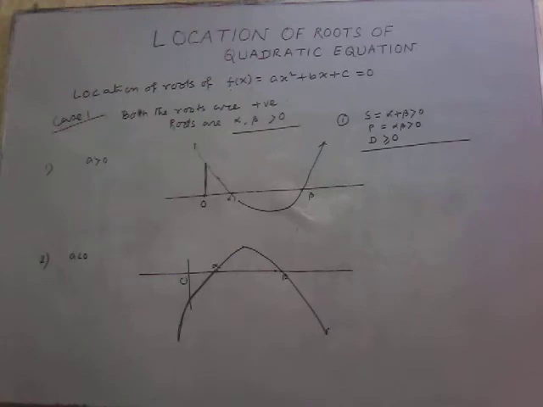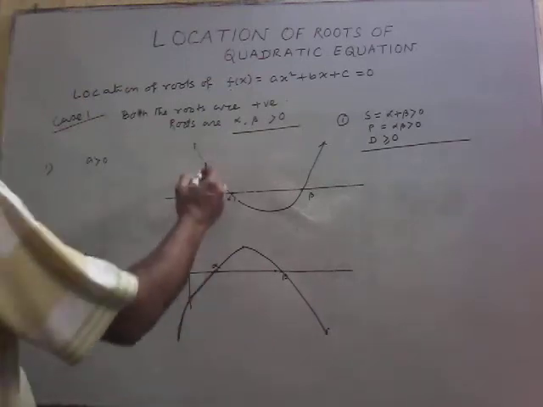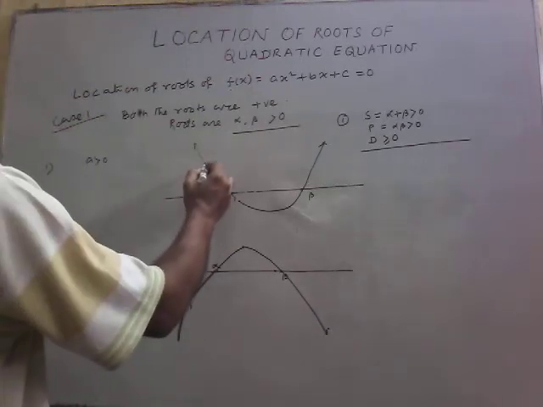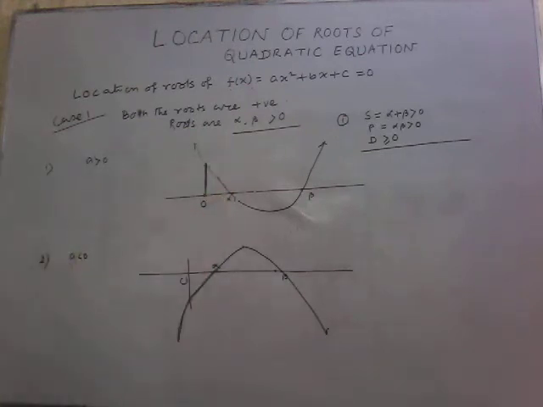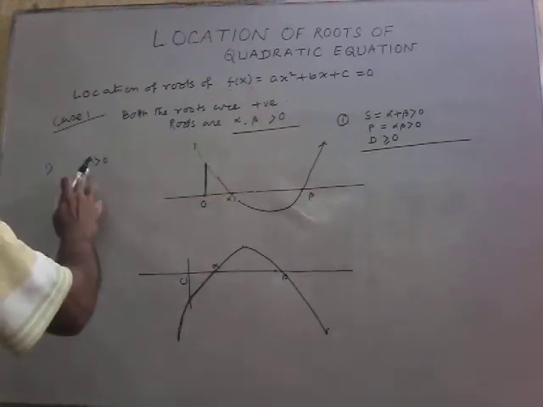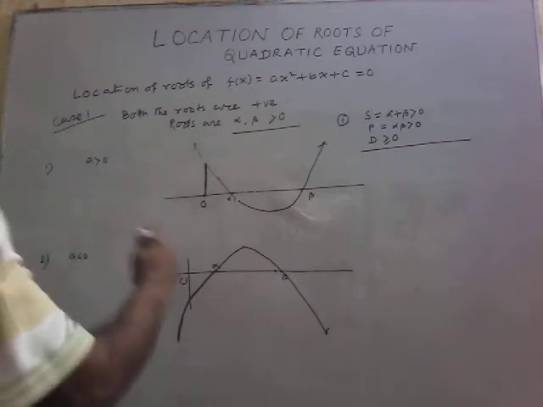Now from the graphical point of view, this is f(0). f(0) is positive, a is positive.